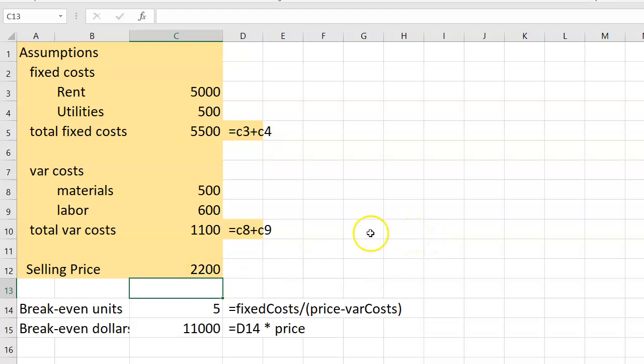Now you'll see that my variable costs are going higher relative to this. So my break-even units, I only have to sell 5 of them to break even. That's the notion of operating risk. Right? I have to sell these 5 at $2,200 means $11,000 is what I have to sell them at.